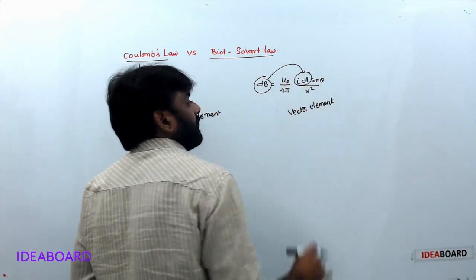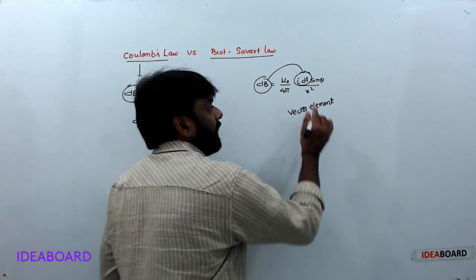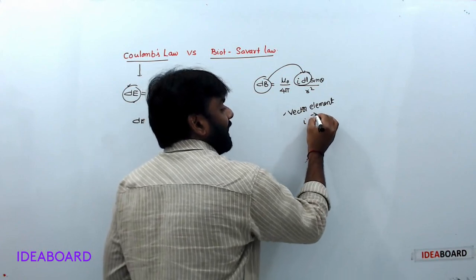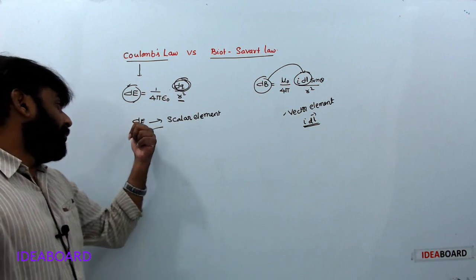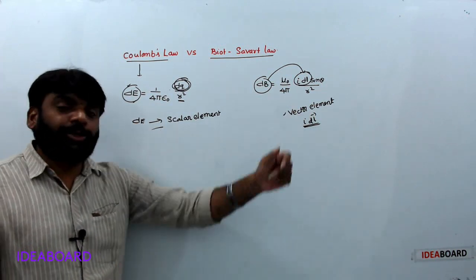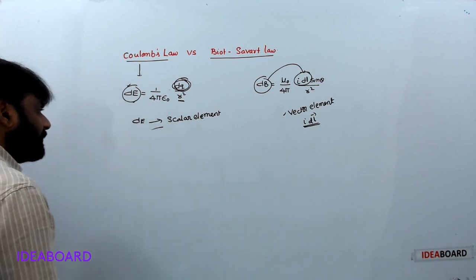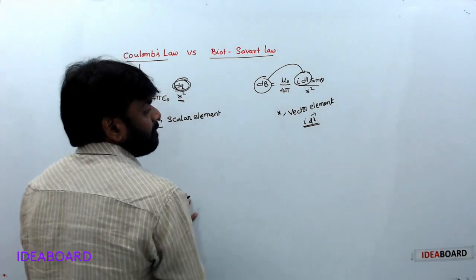I dl bar is the vector element. See, the main difference is that one is produced due to a scalar element and the other is produced due to a vector element. It is the first difference.